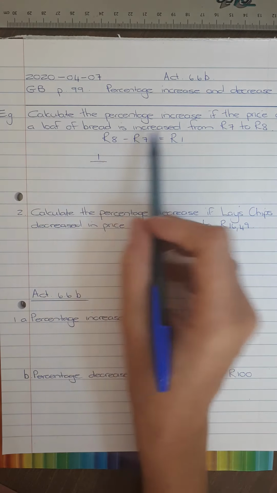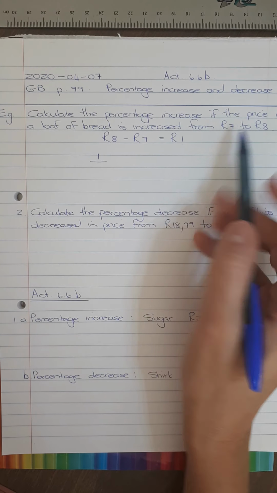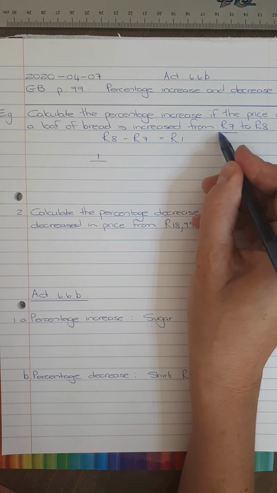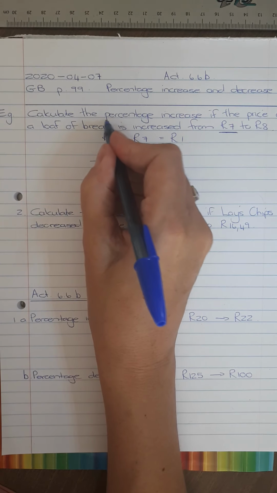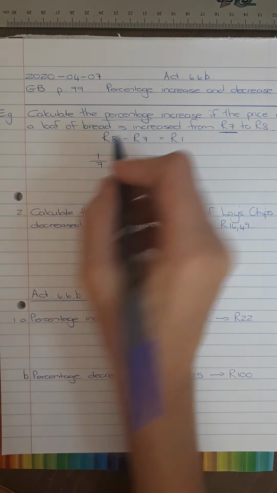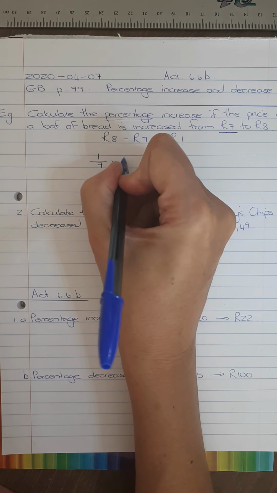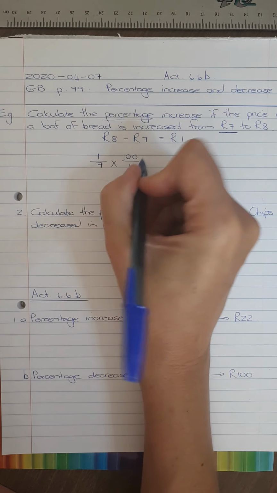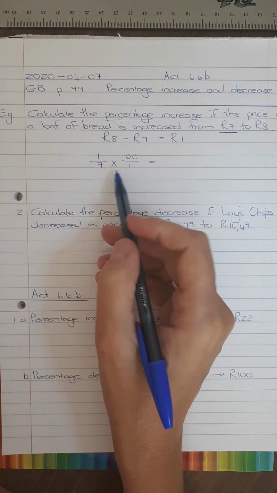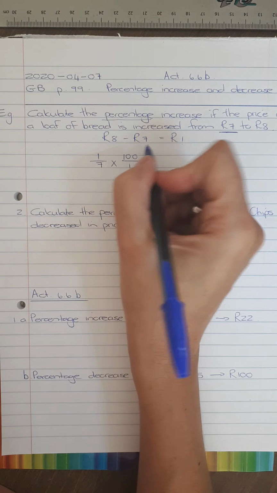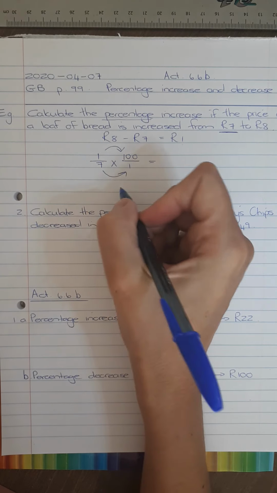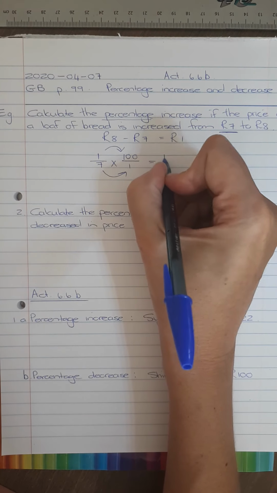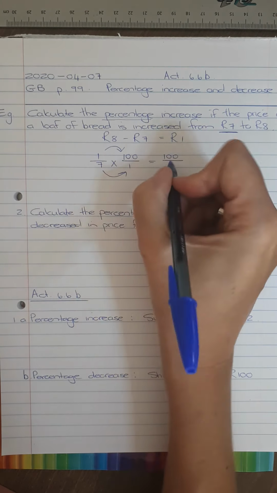At the bottom, I put the original price of the bread. The original price was 7 Rand, so it's 1 over 7. And then to find the percentage increase, I have to say times 100 over 1. Multiplying fractions, you times the top with the top and the bottom with the bottom. 1 times 100, 100 over 7.